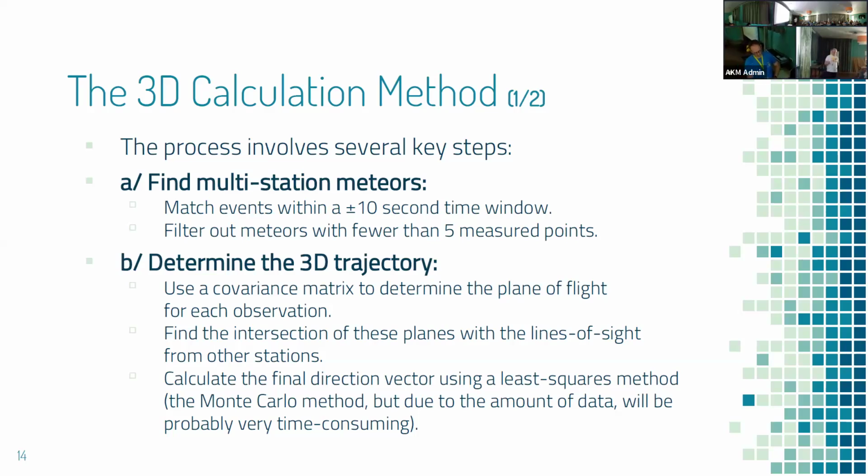And then find the intersection of these planes with the lines of sight from other stations for this meteor, and then calculate the final direction vector using the least squares method. Monte Carlo will probably be very time consuming.